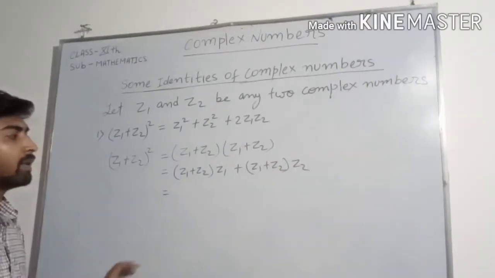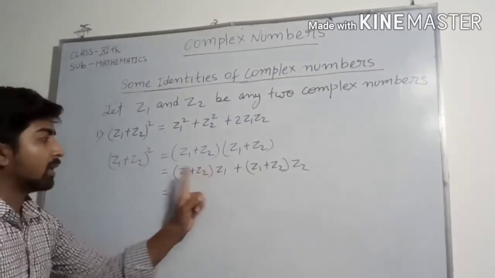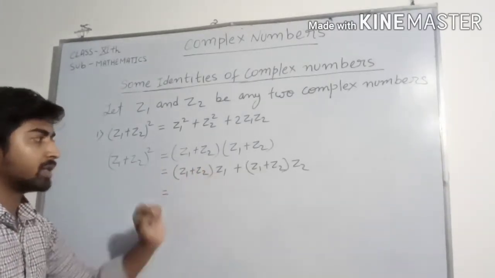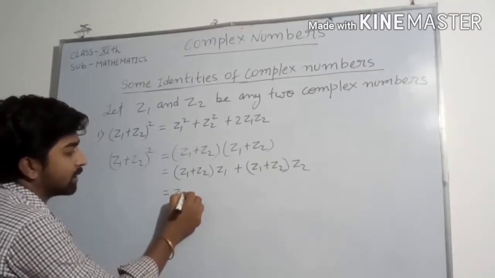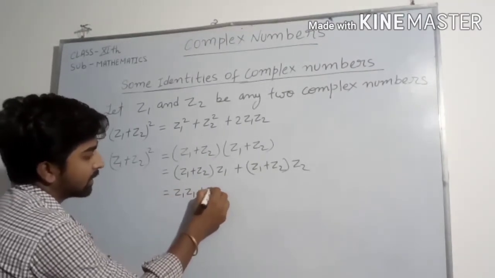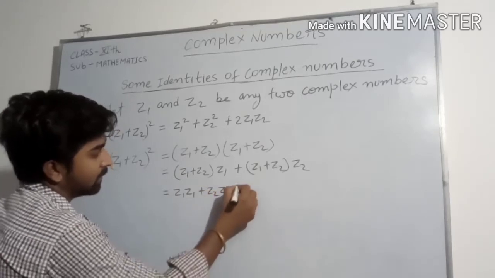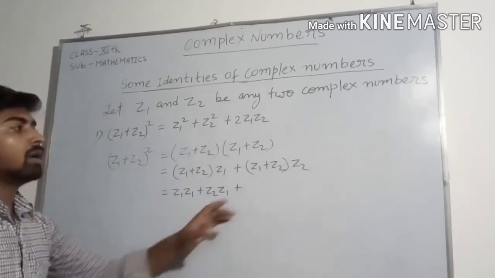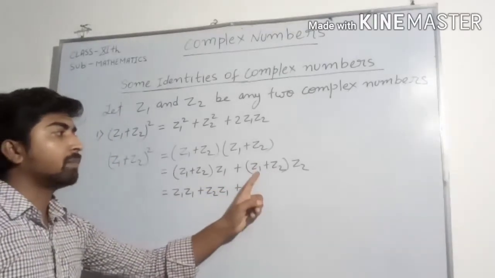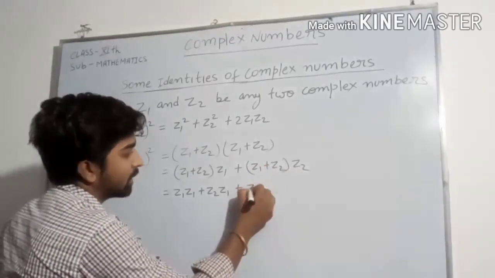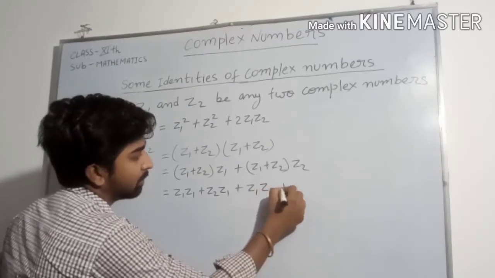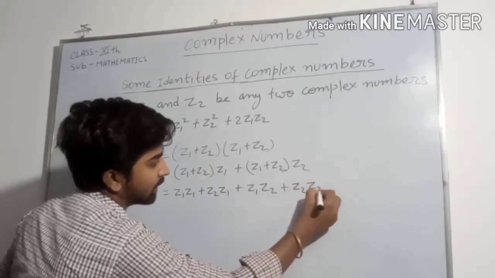Now again we will multiply z1 plus z2 by z1, and this will equal z1 into z1 plus z2 into z1, plus. Now I will multiply z1 plus z2 by z2, and this will equal z1 into z2 plus z2 into z2.